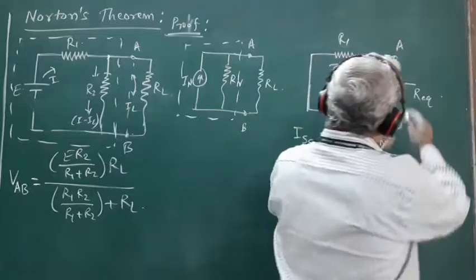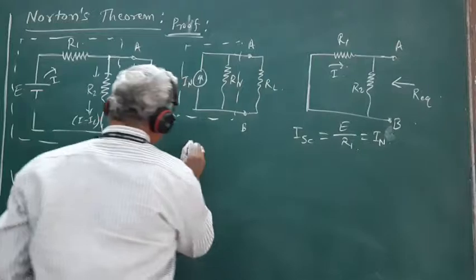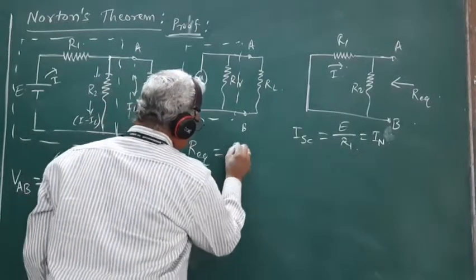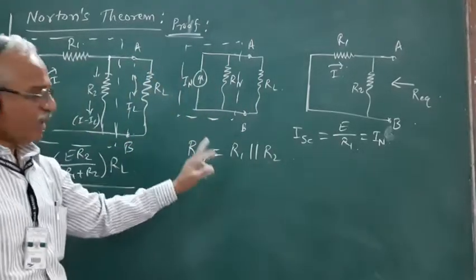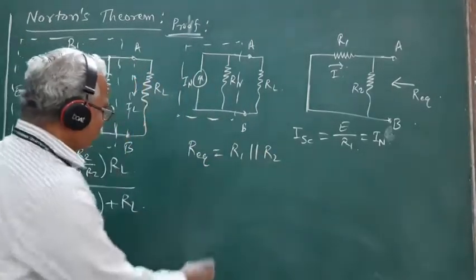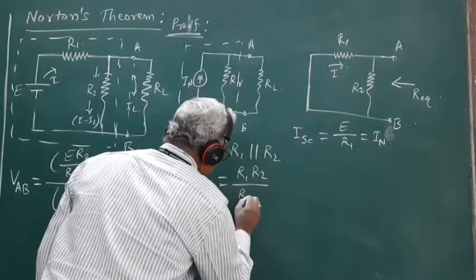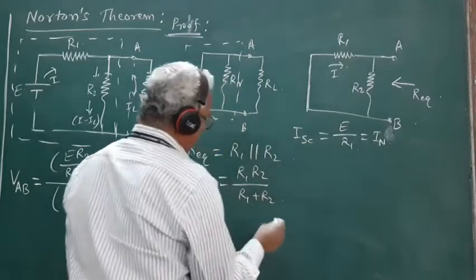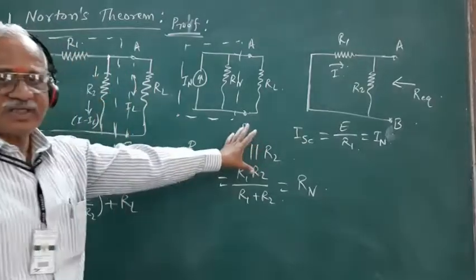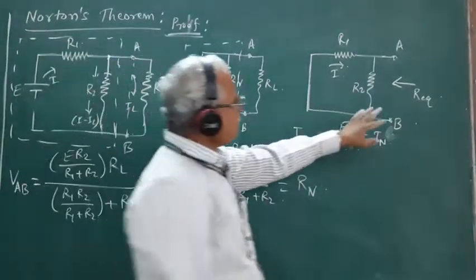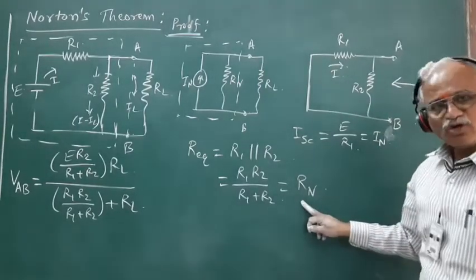So when we view this network backwards from the open terminals A and B, it appears that R equivalent is nothing but the equivalent resistance of the parallel combination of R1 and R2. So this is nothing but equal to R1 R2 upon R1 plus R2, and this gives the value of RN. This equivalent resistance, when viewed backwards from the open terminals A and B, gives us the value of Norton resistance RN.